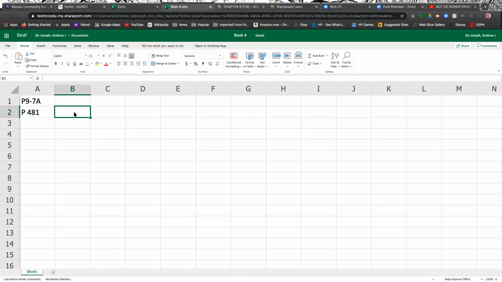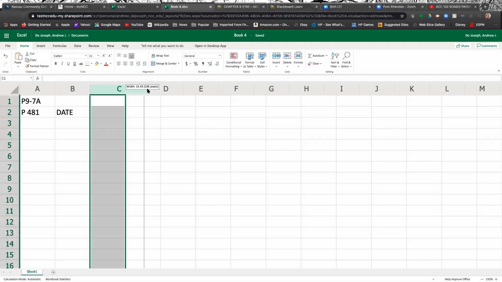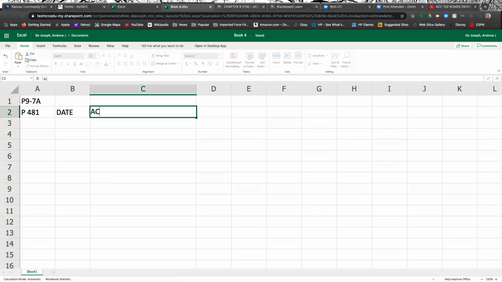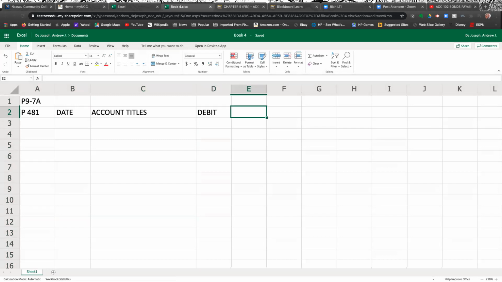So since we're doing journal entries, we want a column for the date, another for account titles, debit, and credit.